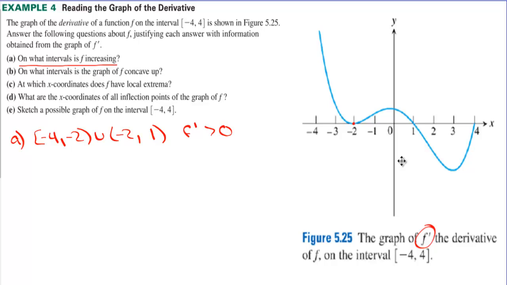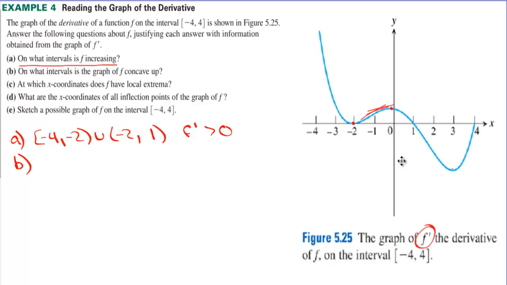B, on what intervals is the graph of f concave up? We know that the original function is concave up when the second derivative is positive. So we're looking for positive slopes of tangent lines to this graph, because the second derivative is the slope of the tangent lines to the first derivative. We see that from negative 2 to approximately 0, the slopes of the tangent lines are all positive.